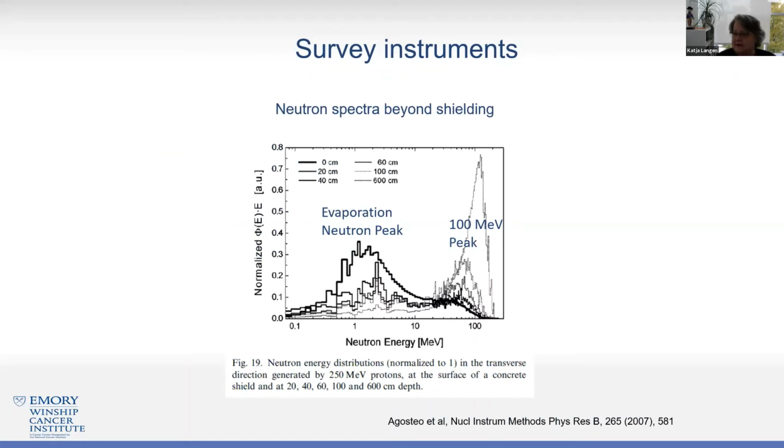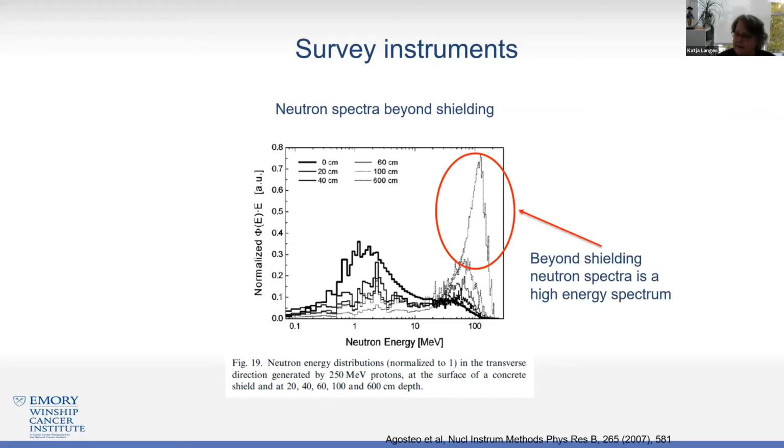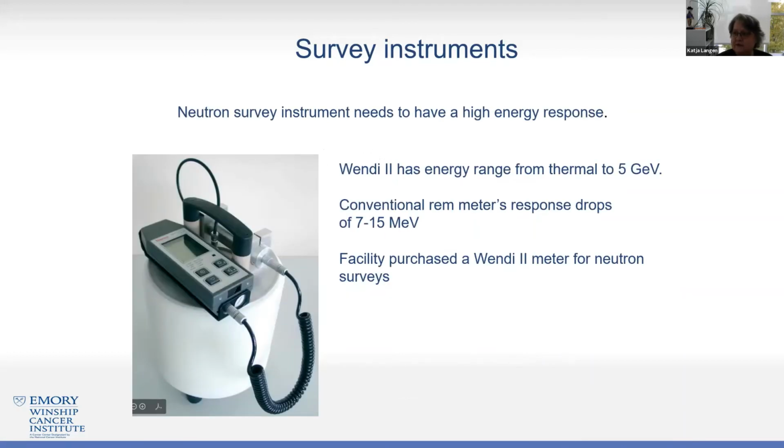This is a slide that shows you the neutron spectrum at different areas in your facility. The thin line is what you get beyond your shielding. So at this point, you really have a very high energy neutron spectrum, which determines the instruments that you need to use for the shielding survey.